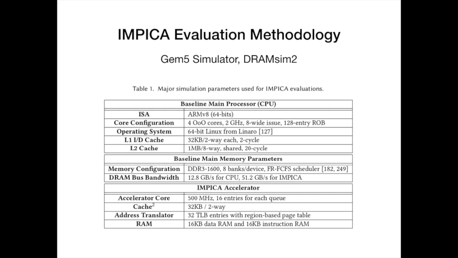They started with the gem5 full system simulator with the DRAMSim2, and they chose the 64-bit ARM version 8 architecture. 4 cores at 2 GHz, 64-bit Linux, 32 kilobyte level 1 cache, 1 megabyte level 2 cache, DDR3 1600 main memory, and the in-memory accelerator is set at 500 megahertz, 32 kilobytes cache, and 16 kilobytes data RAM, and 16 kilobytes instruction RAM.